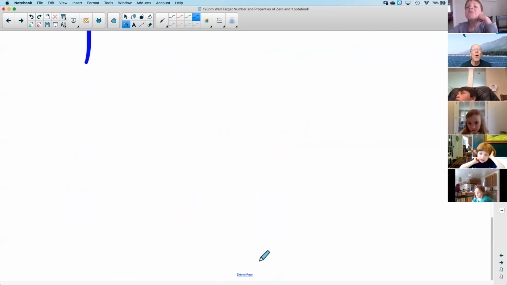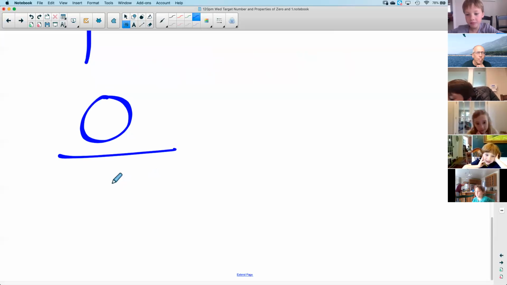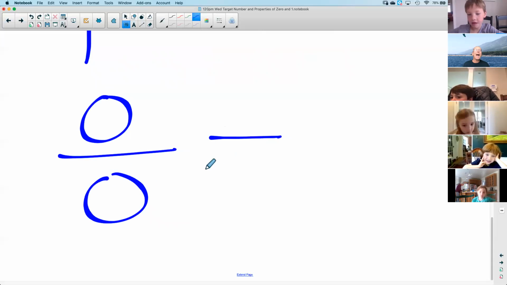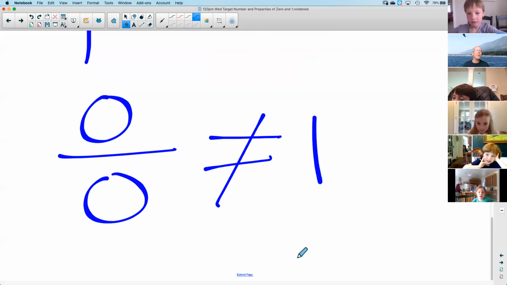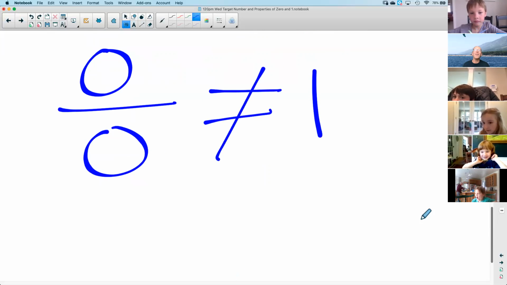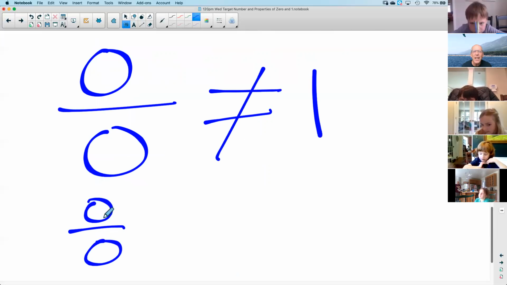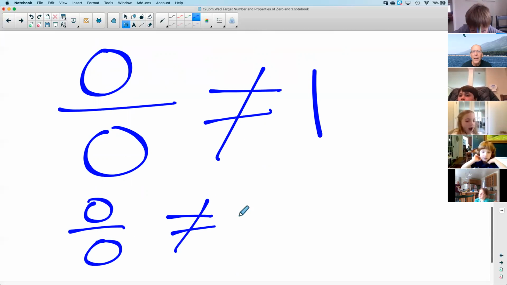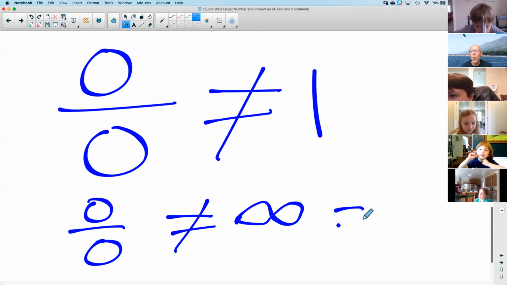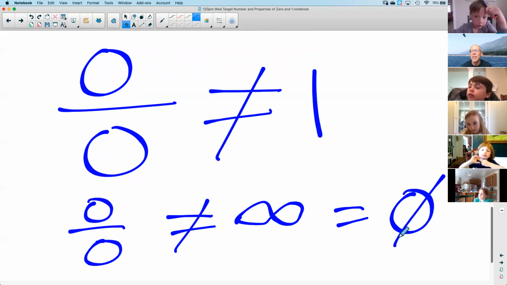And the only one that doesn't work is 0 divided by 0. That is not 1. Well, that's a really fun one. But remember what we said, that if you ever divide by 0, you're going to get infinity or undefined.